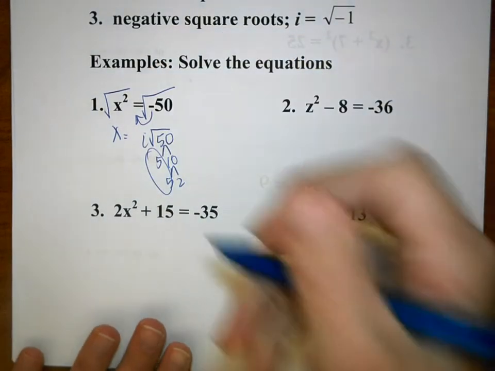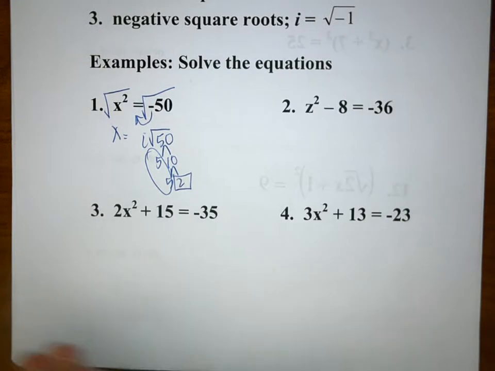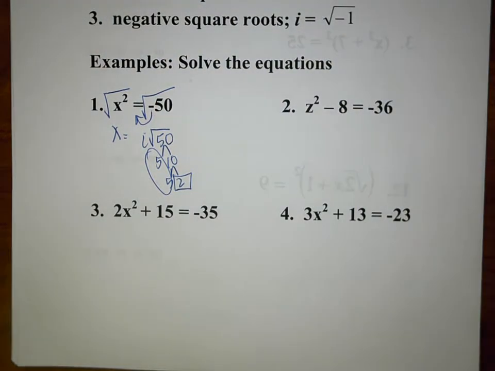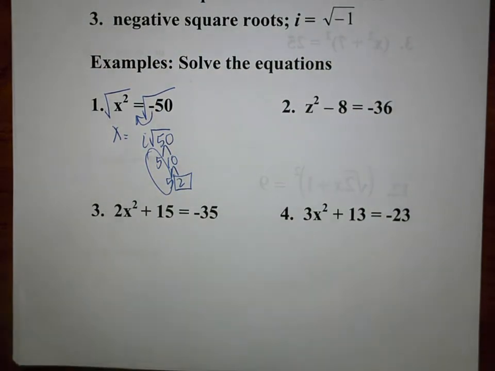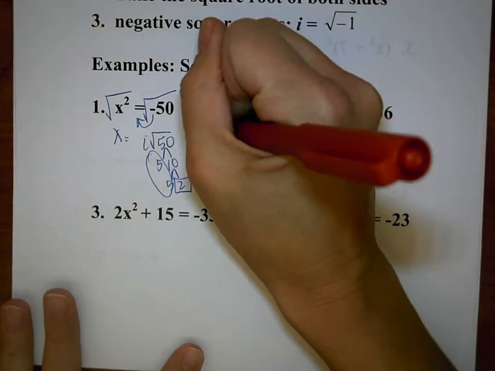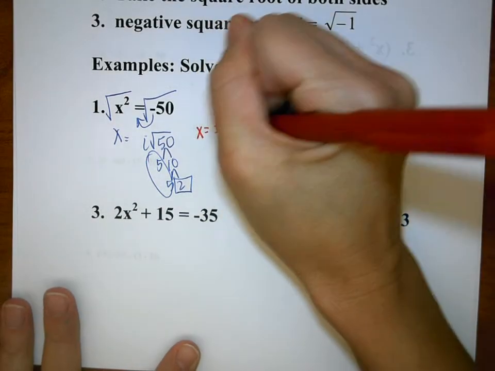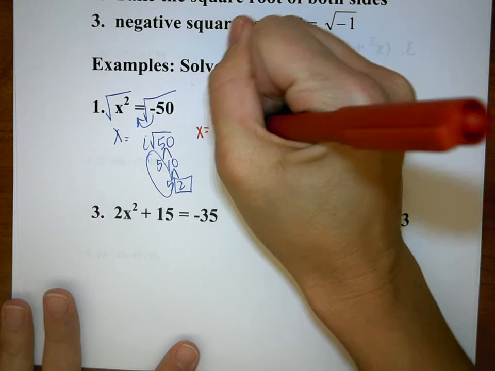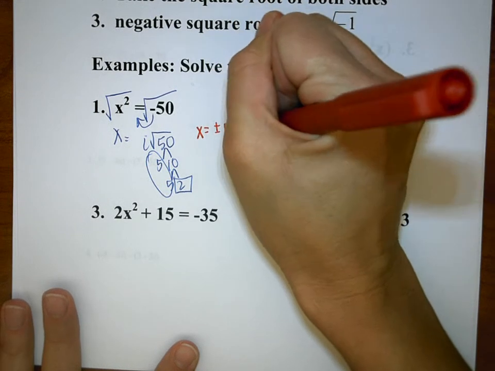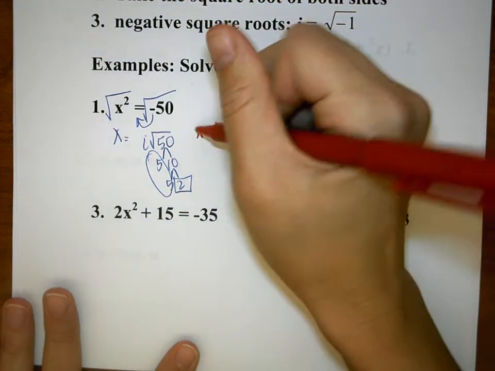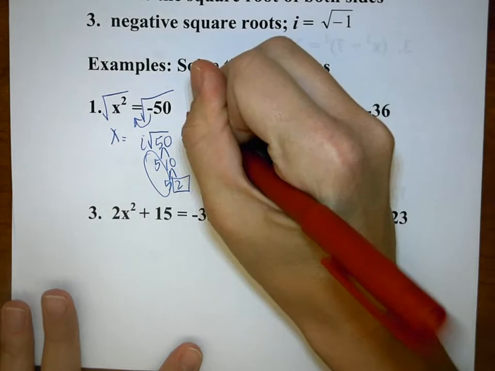So you have a pair of 5s with a 2. What do you guys remember about whenever we take the square root of both sides? Your answer is going to be plus or minus. So my answer is x equals... Good. x equals plus or minus 5i root 2 is correct.